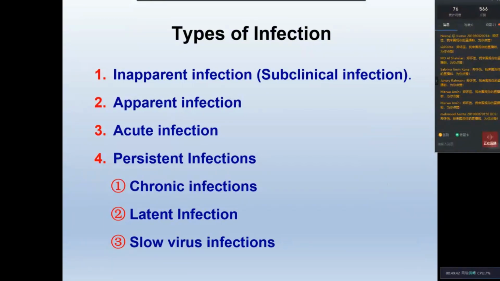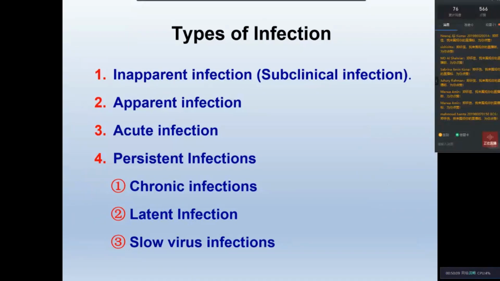Okay, this slide explains the chronic infection. So the virus can be continuously detected in our body, but they only show mild or no evident clinical symptoms. This is chronic infection. For example, HBV infection. After infection, it can cause disease for some period.